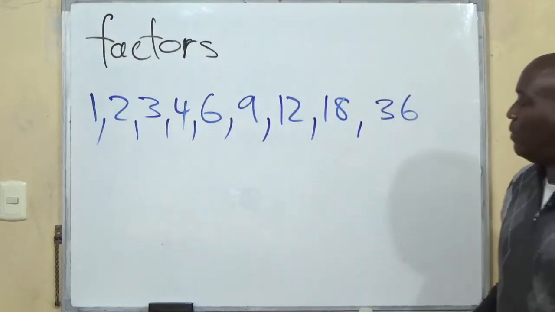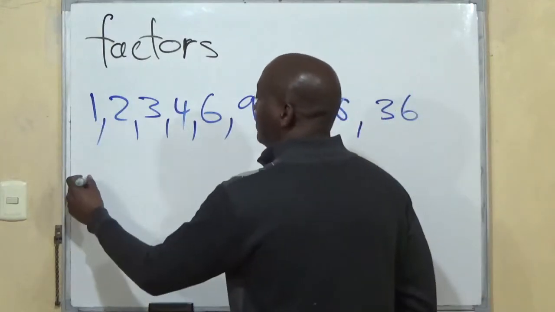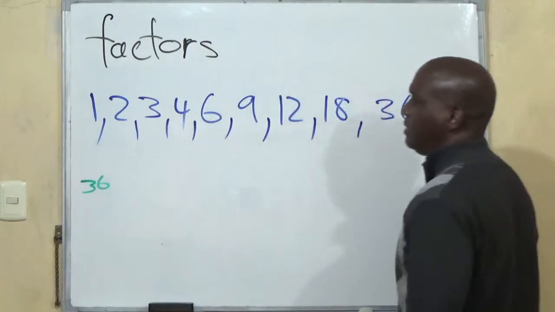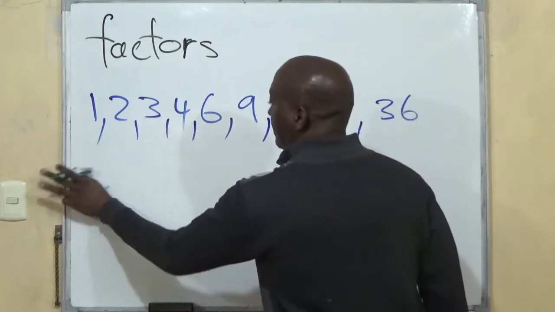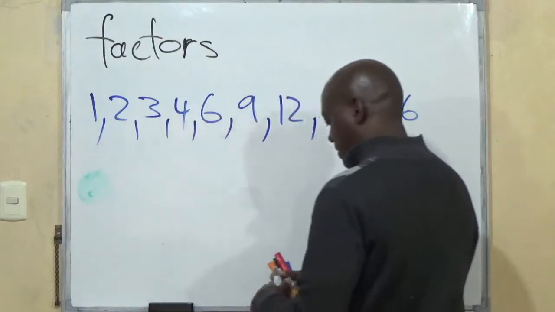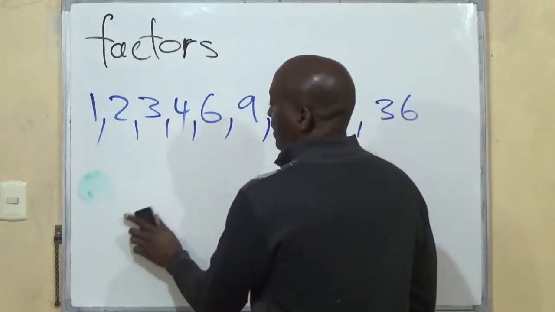So 1, we multiply by 36 to get 36. 2, we multiply by, sorry, hold on, let me just rub off here.